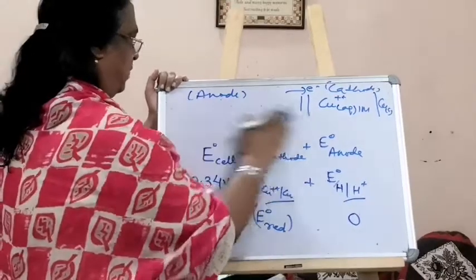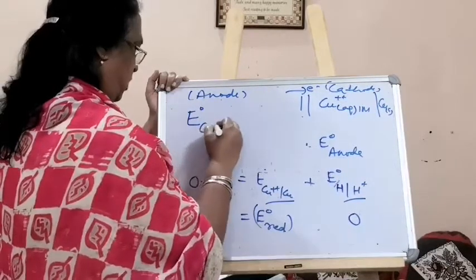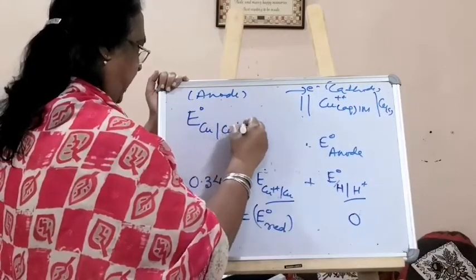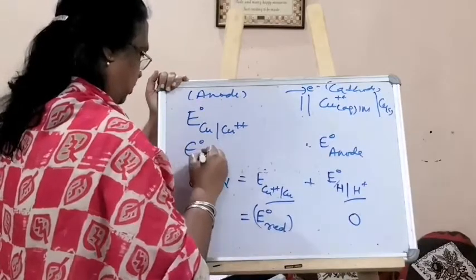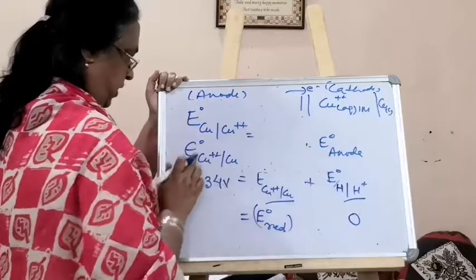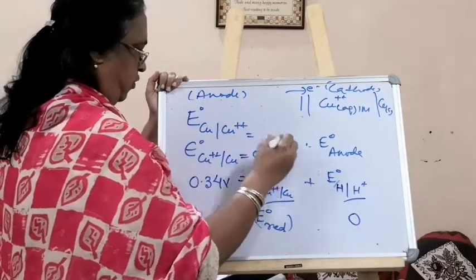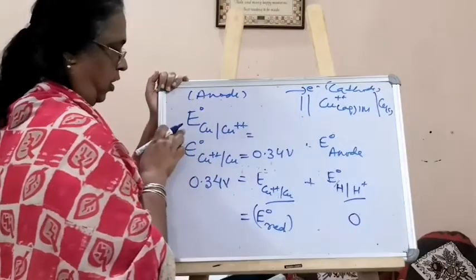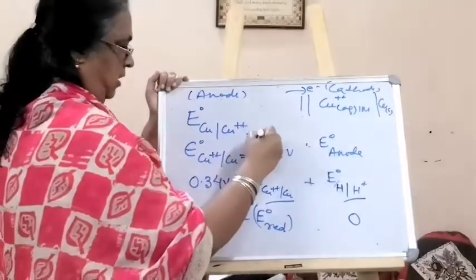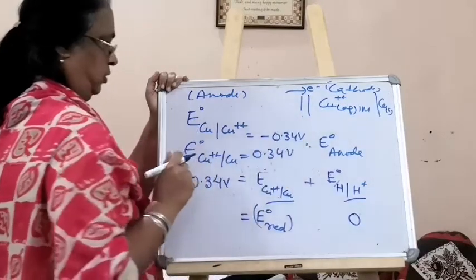So if you want to write E0 copper solid over copper ion and E0 copper ion over copper solid, here this is reduction. So this value we found is plus 0.34 volt. For oxidation it will be with the opposite sign, minus 0.34 volt.